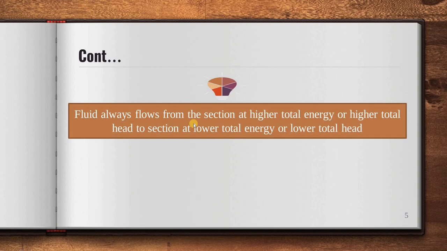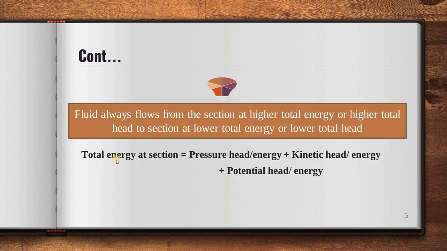Based upon the total energy available at the two sections, we can decide the direction of flow. Total energy at a section is equal to pressure head plus kinetic head plus potential head. The addition of these three heads or energies is nothing but the total energy available at the section. So we need to calculate first the total energy available at each section.